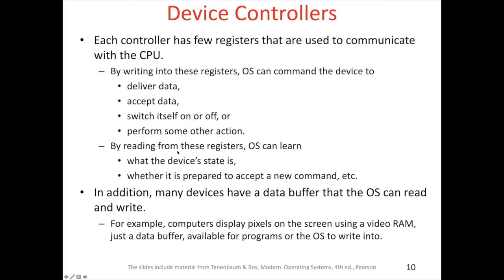By reading from these registers, the operating system can learn what the device's state is and whether it is prepared to accept a new command. In addition, many devices have a data buffer that the operating system can read and write. For example, computers display pixels on the screen using a video RAM, just a data buffer available for programs or the operating system to write into.